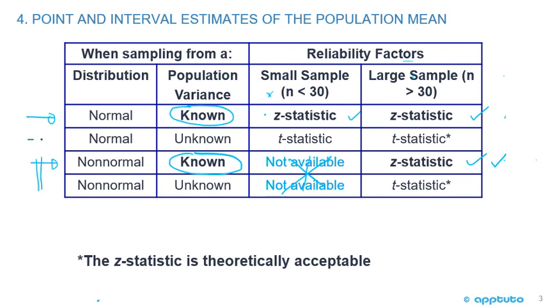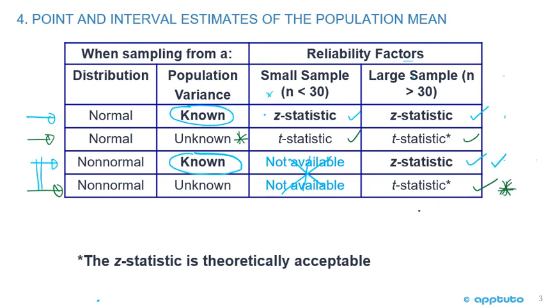So we can use the t-statistic again when the distribution is normal, but the variance is unknown. So when it's unknown, then we can use the t-statistic both for small samples and large samples when the distribution is normal. Again, if the distribution is non-normal, but the sample size is large, you're going to use the t-statistic.